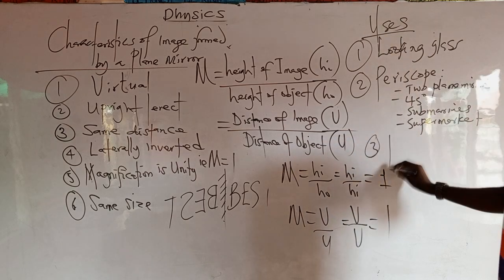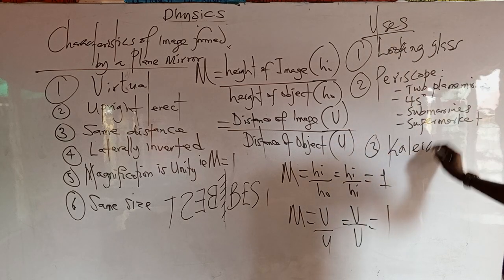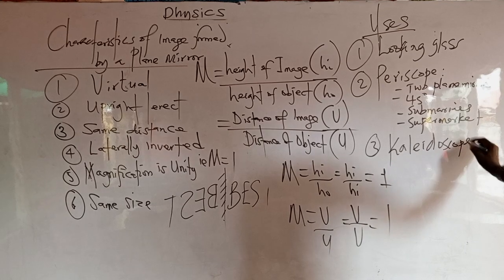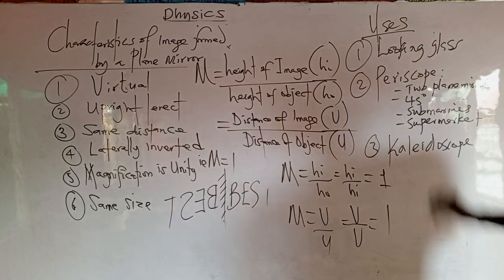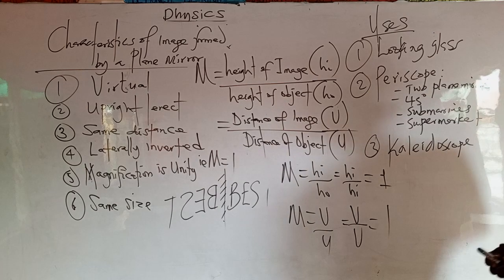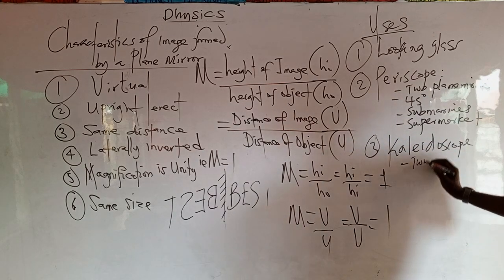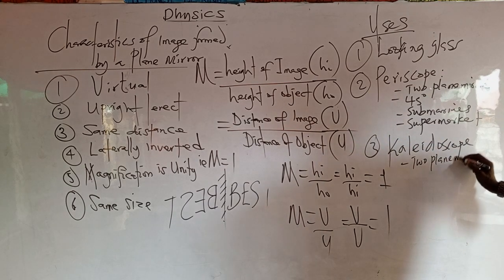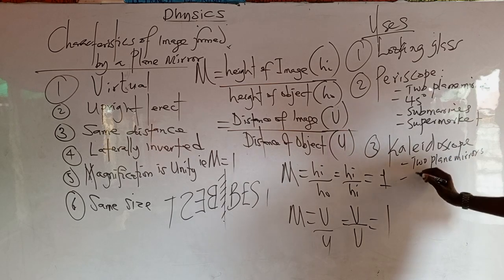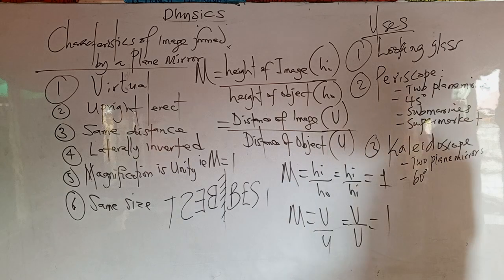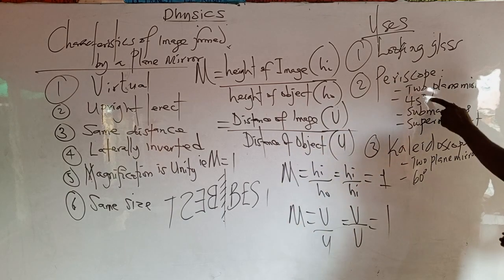Now the third one, kaleidoscope. A kaleidoscope too consists of 2 plane mirrors. What is the difference between this one and the periscope? Angle between them is 60 degrees. For periscope, 45 degrees.